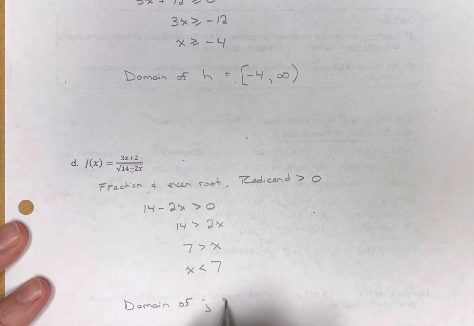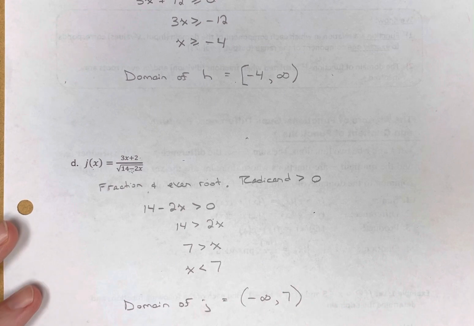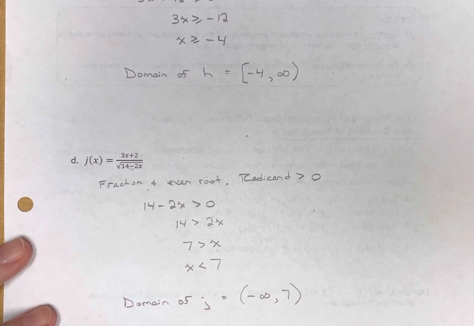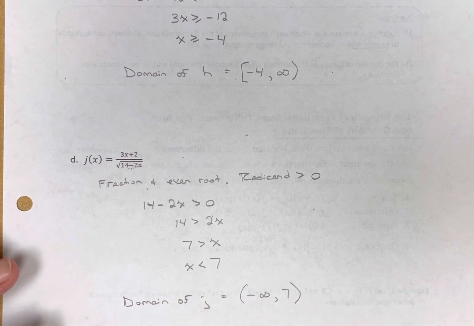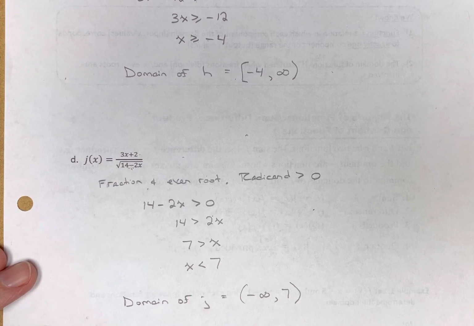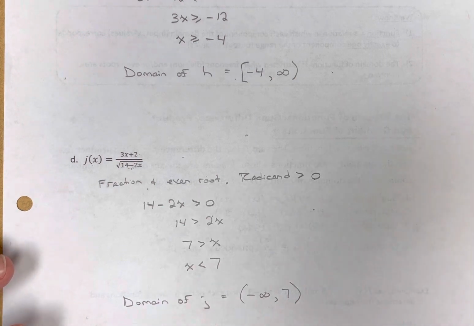Domain of j is equal to, well, less than 7. So negative infinity all the way to 7, but 7 is not included, because if 7 were to go in there, we get a 0 in the denominator, so there is our 7 not included: open parenthesis, negative infinity, comma 7, open parenthesis. So when you're looking at domains of functions, keep on top of fractions and even radicals.